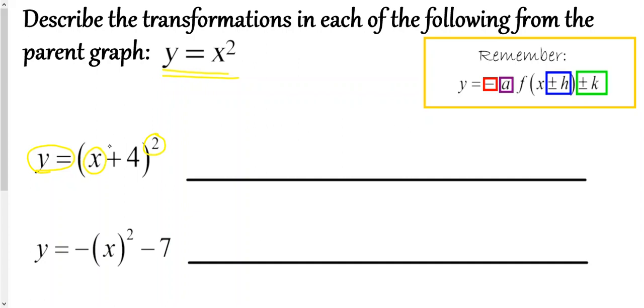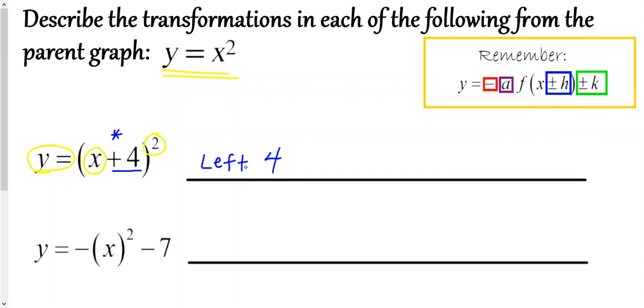I need to describe what has changed with the parent function. Well, I notice I have a plus 4 inside with the x. And if I look up here in my model, that plus or minus h, and if I refer back to my notes, that's a horizontal shift. This is the one that was a little tricky, because even though we are adding 4, we are really going to the left 4 units.